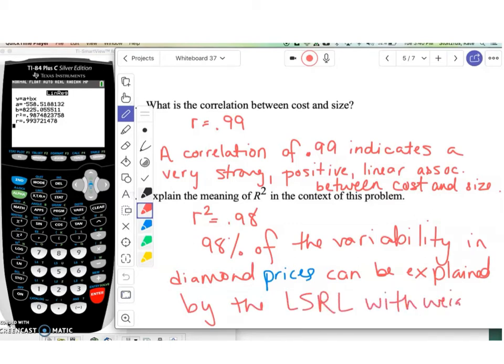So in other words, the size is accounting for, this model is accounting for 98% of the variability.